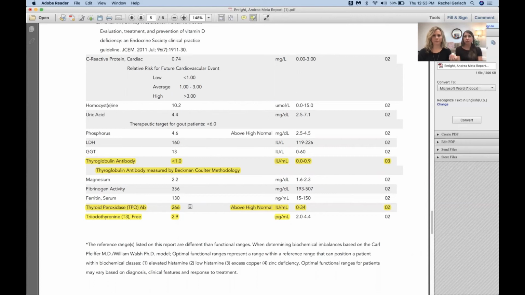In other words, the immune system is mistaking her thyroid for an invader, a harmful invader, and is destroying the thyroid. Presumably, even though these TPO levels are pretty high, given how the rest of the thyroid looks, and given the fact that her symptoms only came on within a year or so ago, presumably we're catching this pretty early, which is why the rest of her thyroid levels look okay.